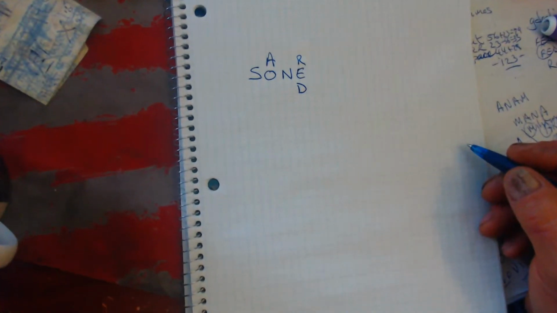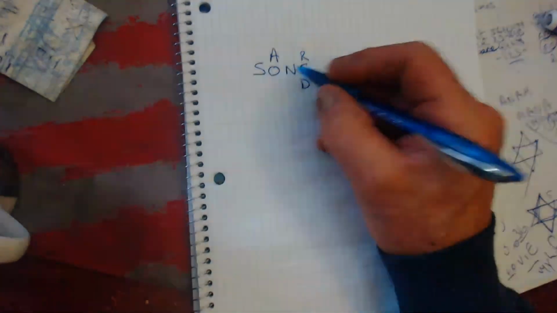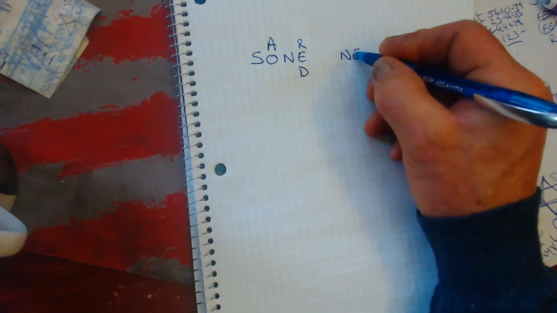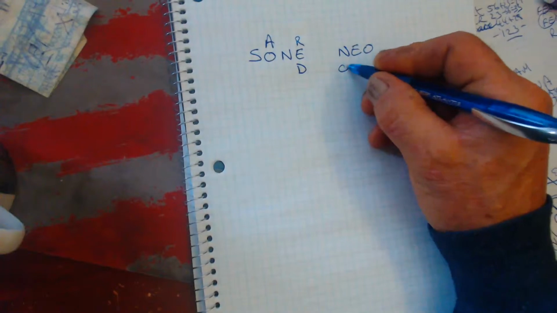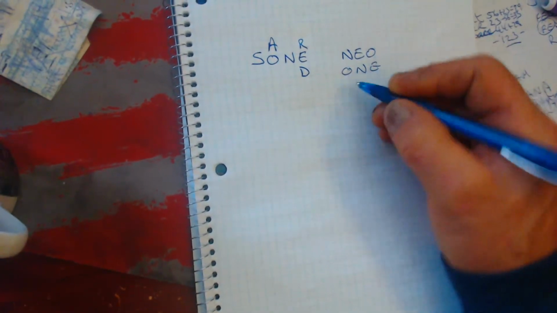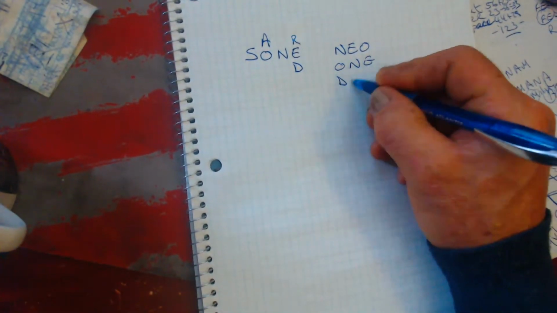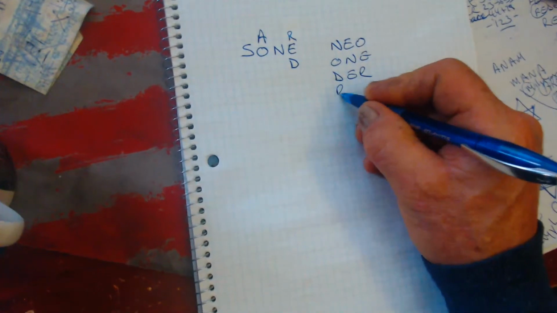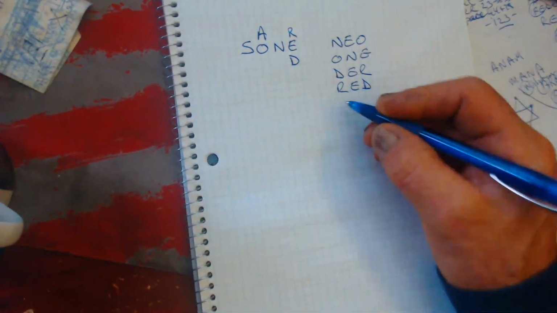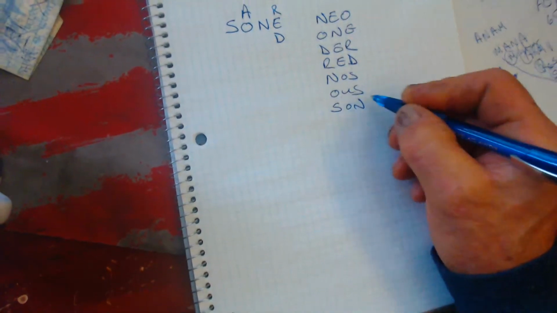Okay, so what do we have here? We have Neo, 1 red, minus our sun.